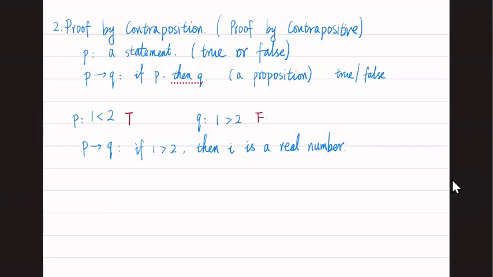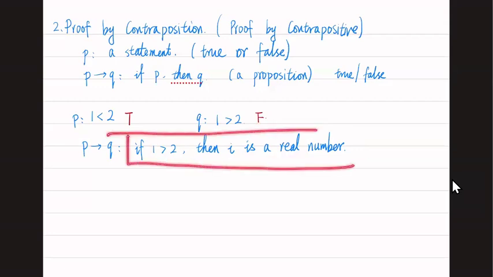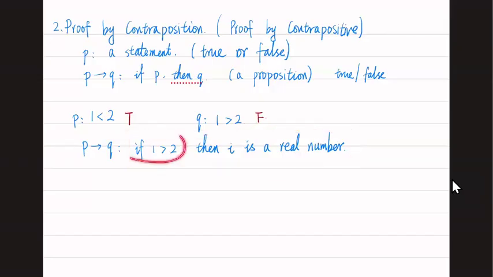If we consider them individually, 1 bigger than 2, we know this is false. i is a real number, again, this is false. However, this proposition is a true proposition. This if condition is false, so the conclusion is never checked.